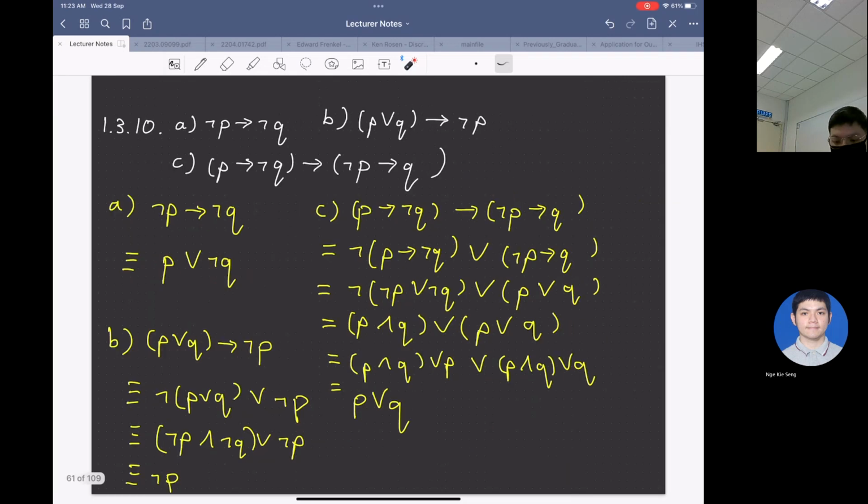Next, I want you to translate implication to disjunction or conjunction. Not P implies not Q becomes P or not Q. I skipped a step here, so make sure you know what's going on.